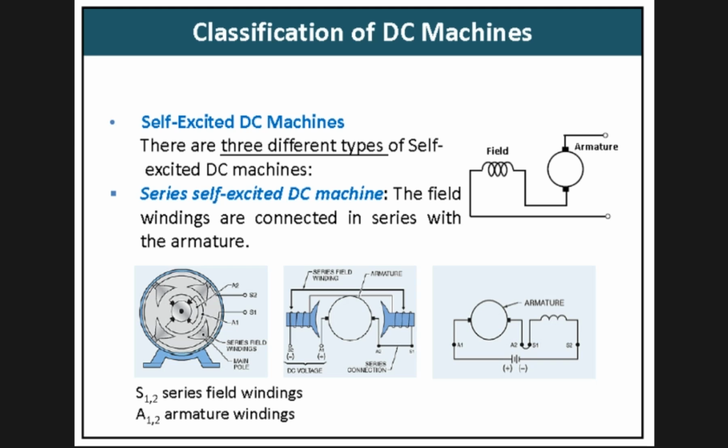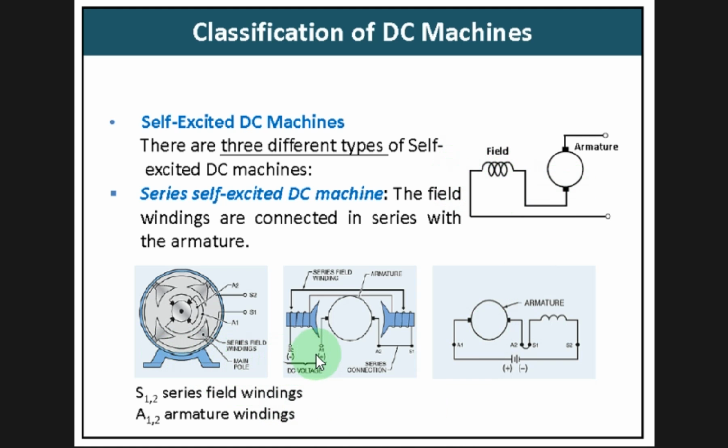So what are these three types? First one, series self-excited DC machine, in which case the field winding is connected in series with the armature winding, so the same current will go through the armature and also the field winding.